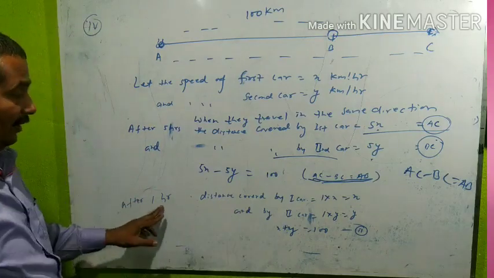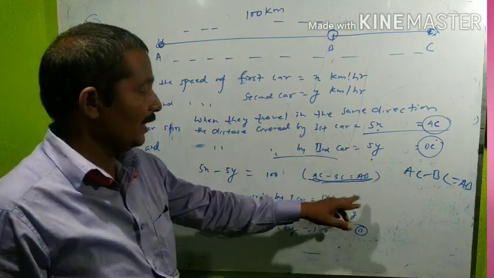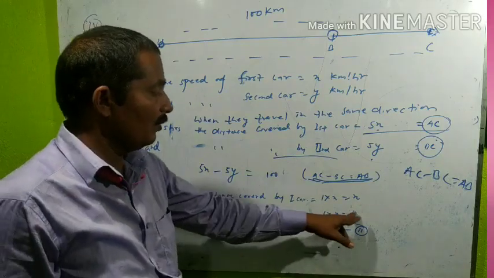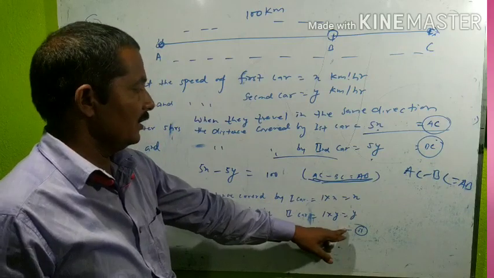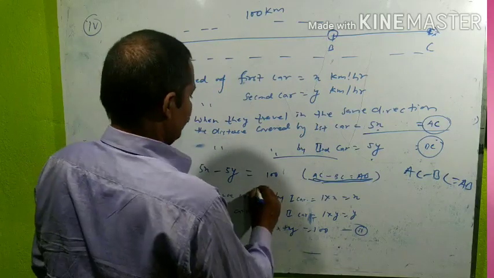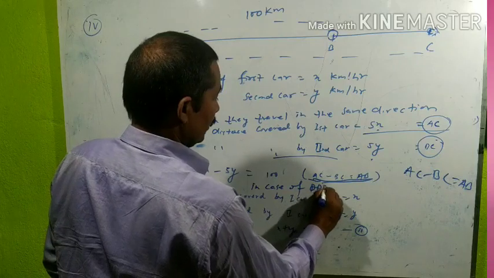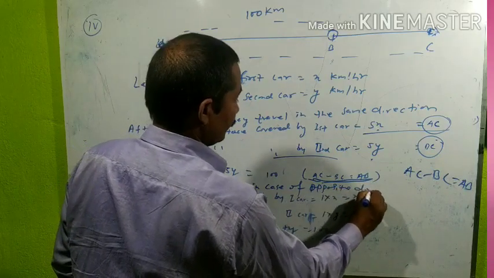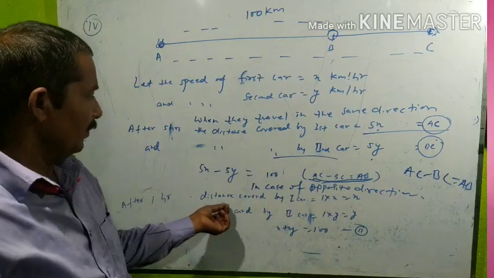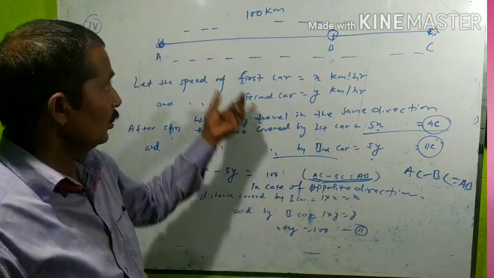And after 1 hour, the distance covered by the first car: 1 is the time, speed is the same x, 1 into x, x. After 1 hour, the distance covered by the second car is 1 into y, y. So this is the total distance. As both are traveling in the opposite direction, in case of opposite direction, the distance covered by the first car x and the second car y, the total distance is 100.